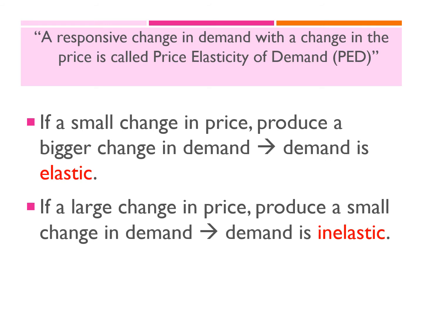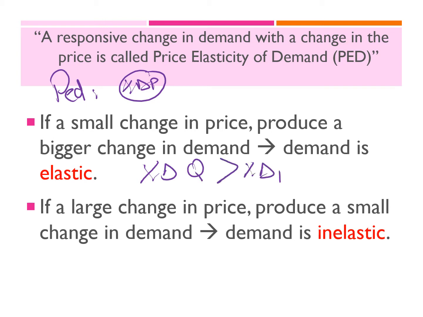Now we need to define what PED is, or price elasticity of demand. It measures how people react to a change in price. So, for example, if a small change in price produces a bigger change in demand, so the percentage change in quantity is greater than that of price, I would say that my demand is elastic.